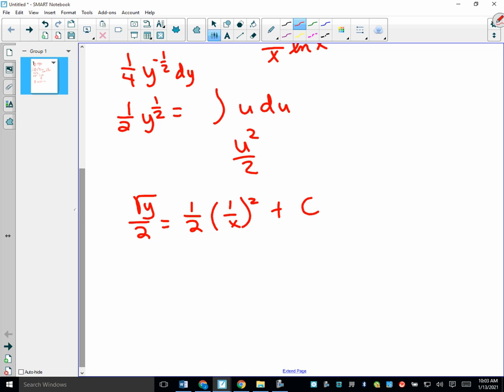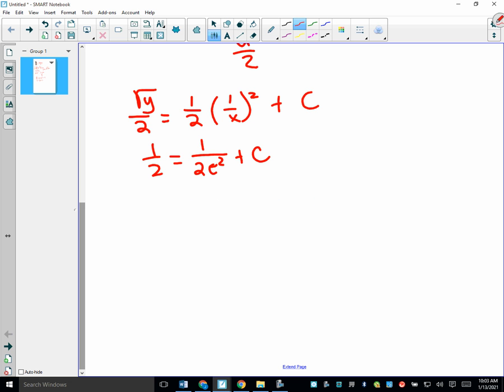I guess I can get here this way. So this is 1/2 equals 1 over 2e squared plus c, right? So 1/2 minus 1 over 2e squared equals c.